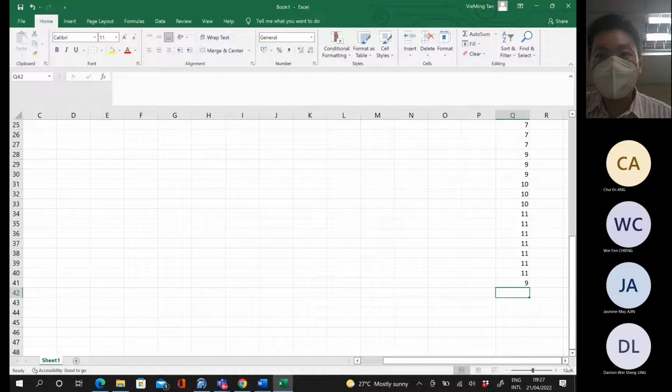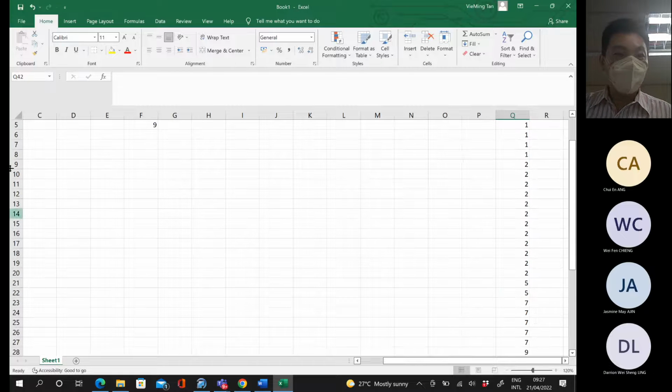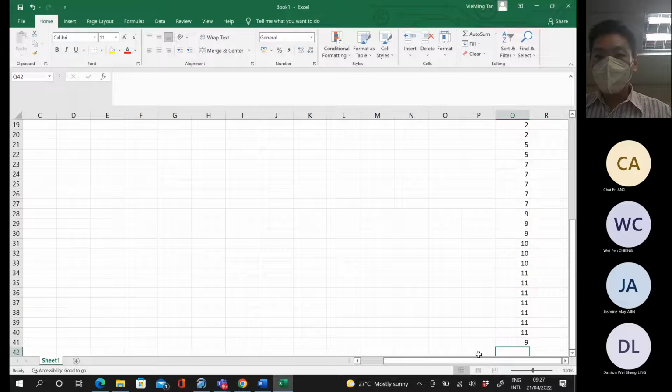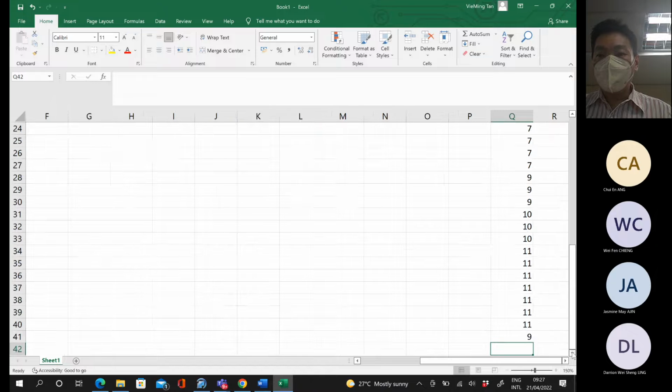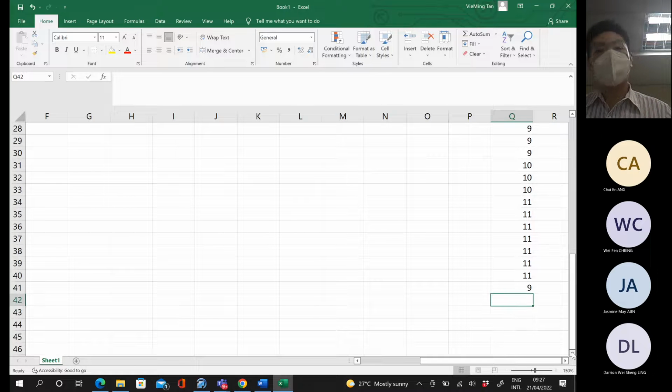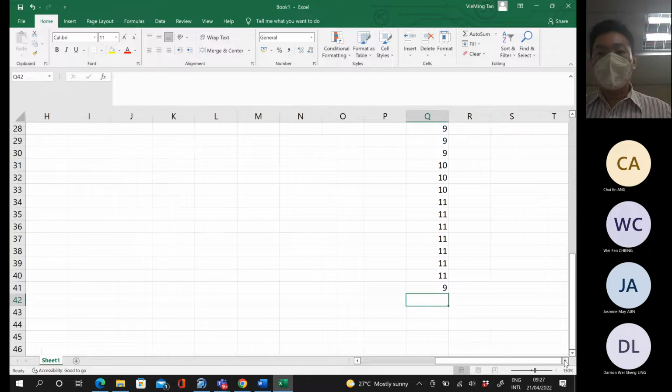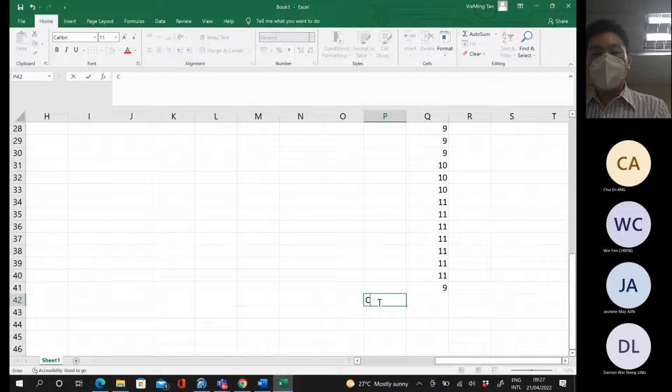41. Okay. If you want to know whether it's 41 or not, usually I will refer to here. Otherwise, you can do counting. Okay, I try to increase the screen size so they can see the whole picture. So if you want to know how many data you have, you can do counting.